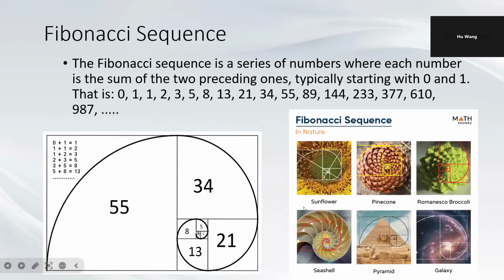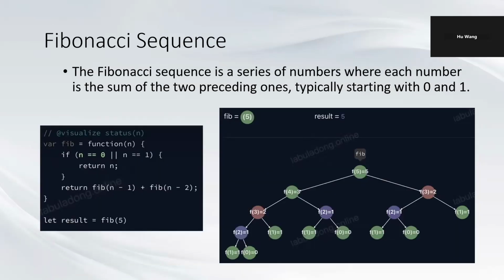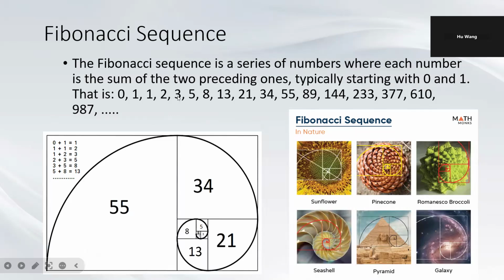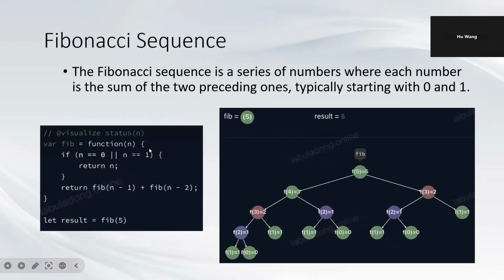Let's see how it connects with DP. Actually, if we go back to the Fibonacci sequence, each number except the first two is the summation of the prior two numbers, right? So we can write a solution here. For example, you want to find F5, you have to find F4 and F3. If you want F4, you have to find F3 and F2. So we can write a stack. It's called the stacking technique in programming.